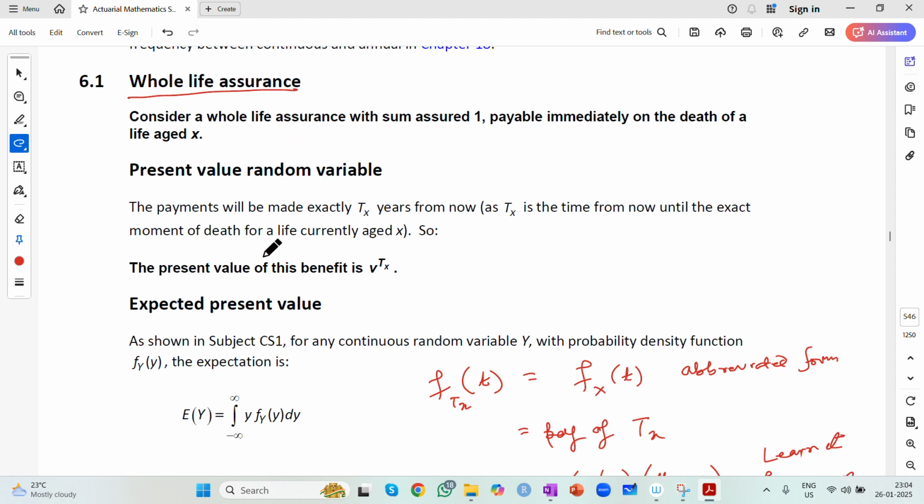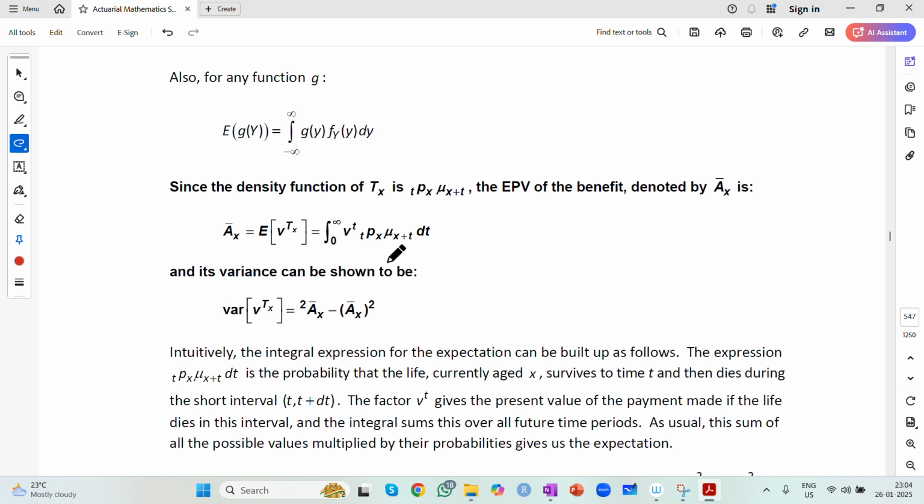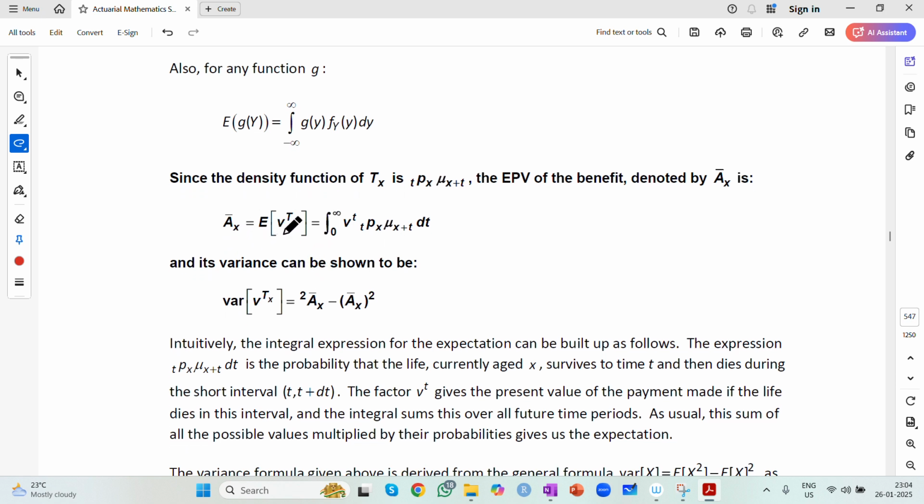Here we can say the present value of the benefits is v^{T_x}, which is a function of the random variable T_x. We now need to find the expected present value of v^{T_x}, and the variance of the function v^{T_x}. First, the expected present value, expected v^{T_x}, is written in actuarial notation as A-bar_x.